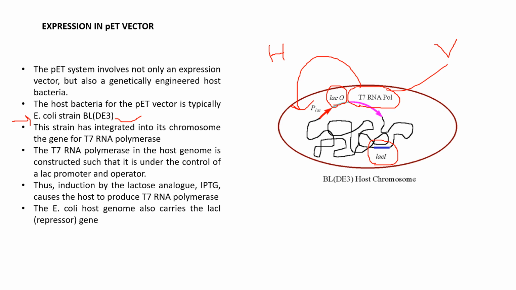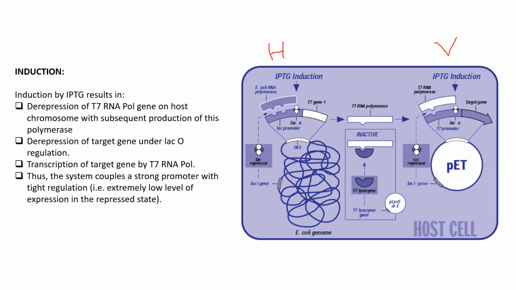As the inducer IPTG is added, this will start the production of T7 RNA polymerase, and this T7 RNA polymerase will bind with the T7 promoter of the vector and start the expression of the heterologous gene. This is an overall preview of gene expression by PET vectors inside the host cell.